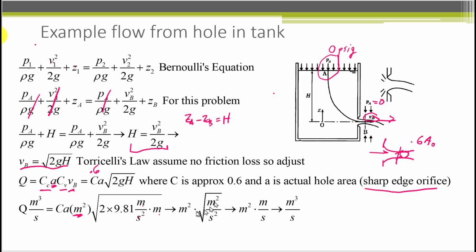So multiplying this out, you get meters squared times the square root of meters squared per second squared, and you end up with meters cubed per second. This is flow Q, and that is exactly what we want, a flow rate. So this is a simple way to compute roughly the flow through a hole under pressure.